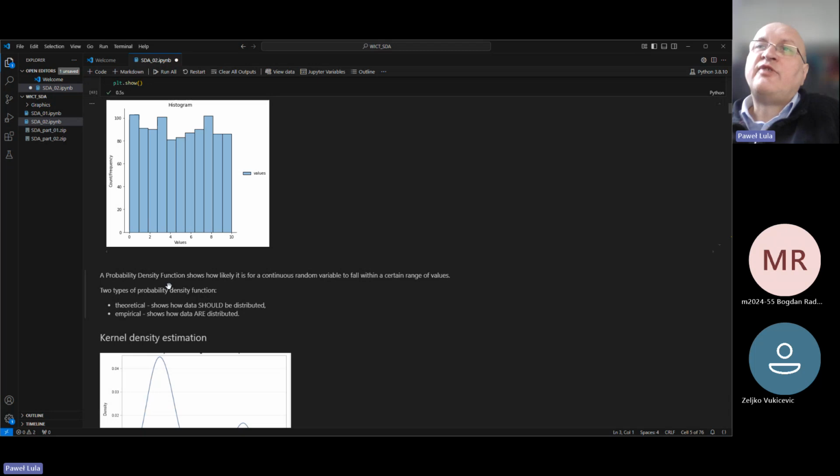Probability density function. This function informs us how likely it is for this real random variable that a given value of this variable falls within a certain range.